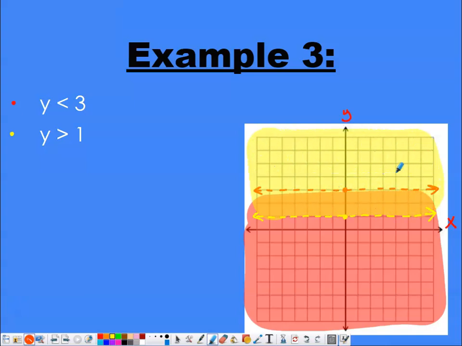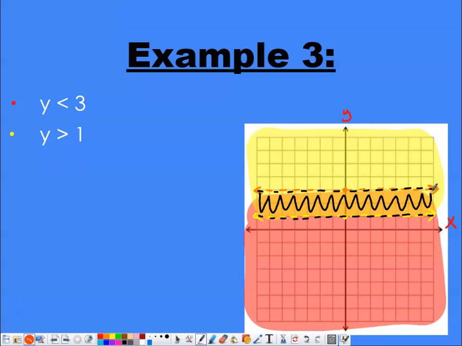And again, I'm just interested in what is that common shaded area. It is this middle region right here, this little strip. So this is our answer right there.